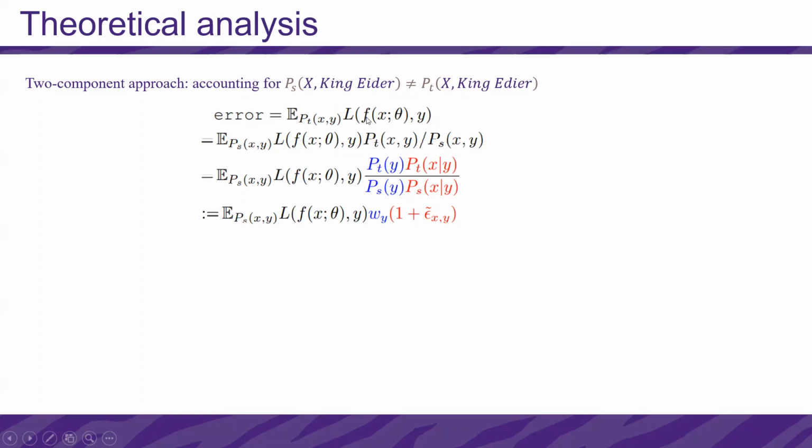F is the recognition model parameterized by theta, and L is the loss function. Through the first two lines of equations, you may see here P_T is the distribution on the target domain, and here is P_S, the distribution on the source domain. So through these two lines of equations, it makes the domain transition.